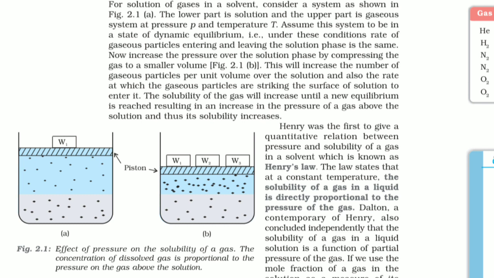Force by area is pressure, so pressure is applied on the gas particles inside, and because of this, the gas particles also apply pressure on the surface of the solution. So if the pressure is applied, what will happen to the solubility of the gas particles in that liquid? Will it increase or decrease? Let us discuss now.